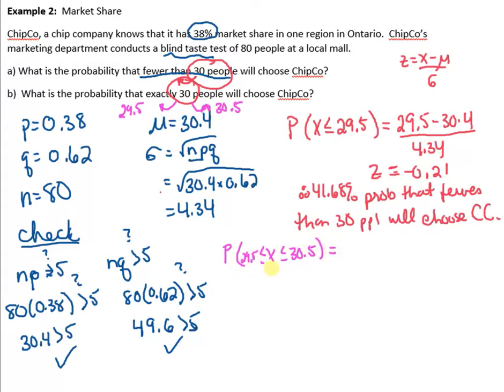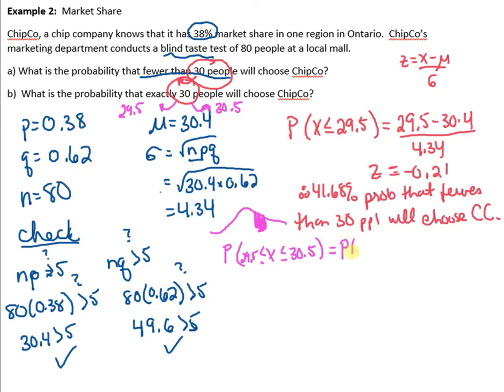What I do for these questions is I actually do them backwards. So remember, we have to split this up into 2 because we have to take into account 30.5 and then 29.5, and then we have to subtract them to get the probability in the middle. So like the area under the curve in the middle.